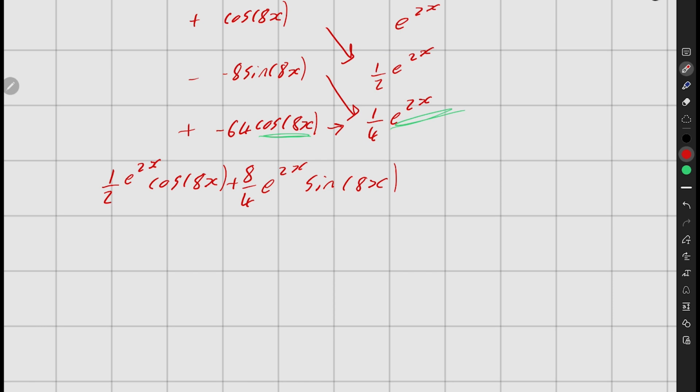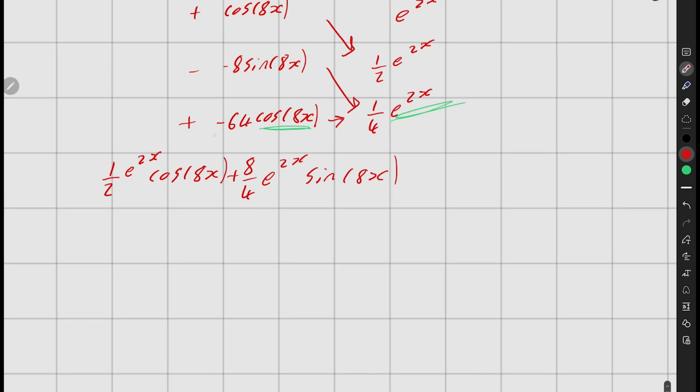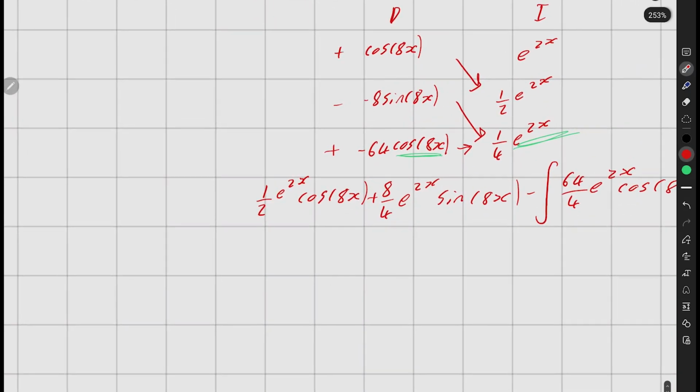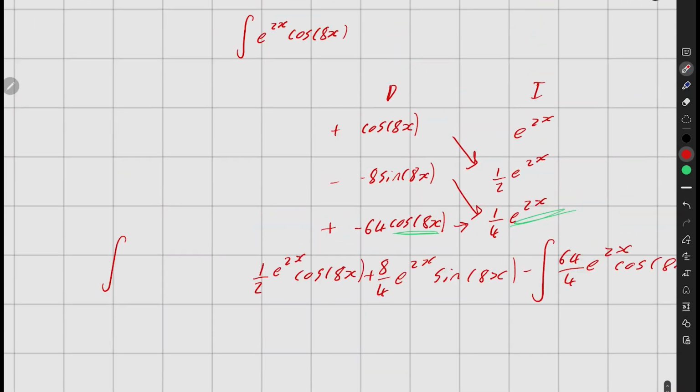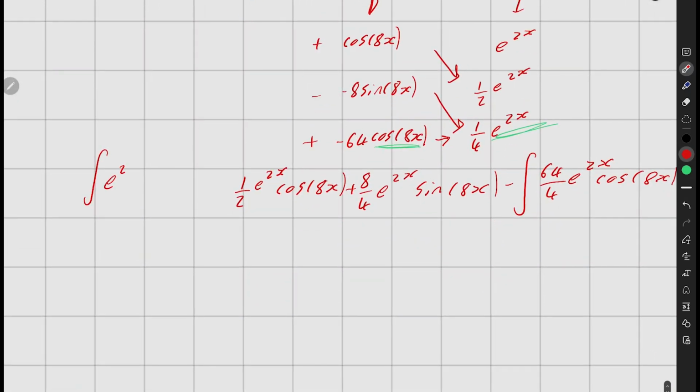And our row, we're going to integrate this, and you can see that's a minus there, so the minus carries over: minus the integral of, and the minus is just a constant, so just bringing it out with the integral. So minus, that's going to be 64 divided by 4 e to the 2x cosine of 8x.